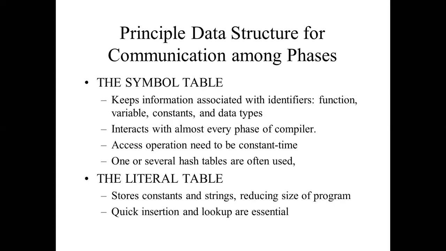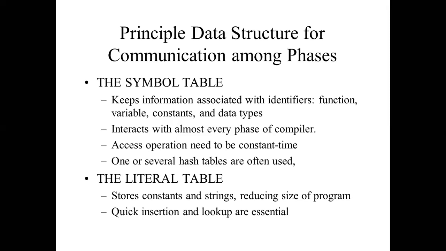Symbol table: we can store all the information regarding the tokens, different variables, constants, and different data types. It keeps information related to identifiers, functions, variables, etc. It interacts with almost every phase of the compiler.